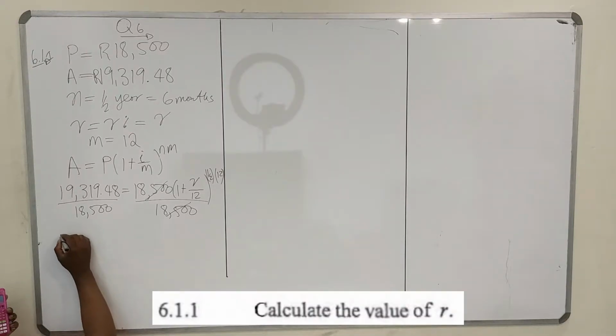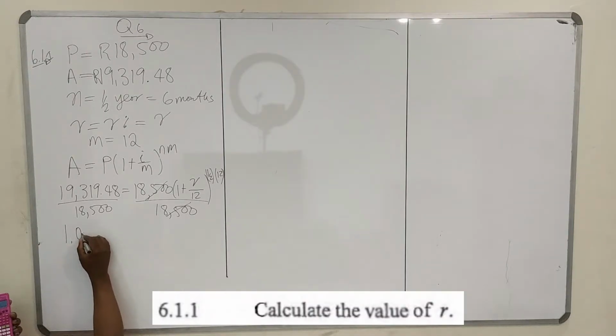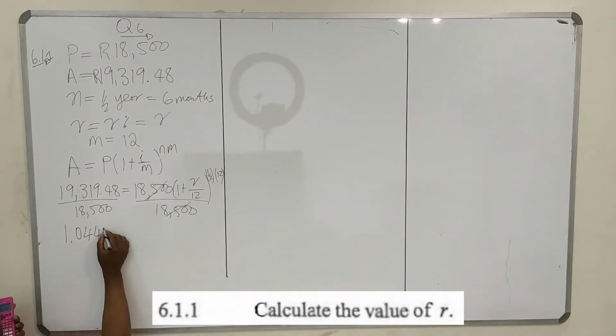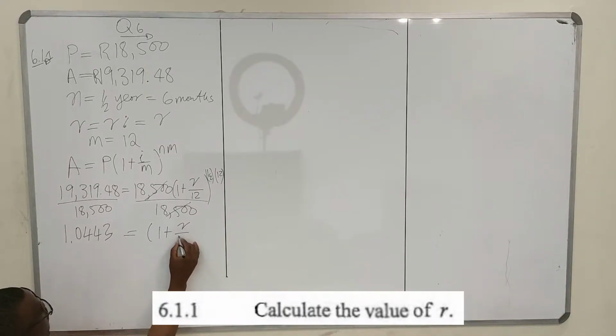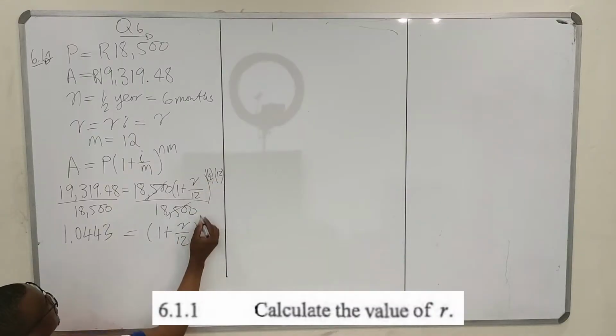It came up to be 1.0443, let's say, which is equal to 1 plus R over 12, raised to the power of 6.